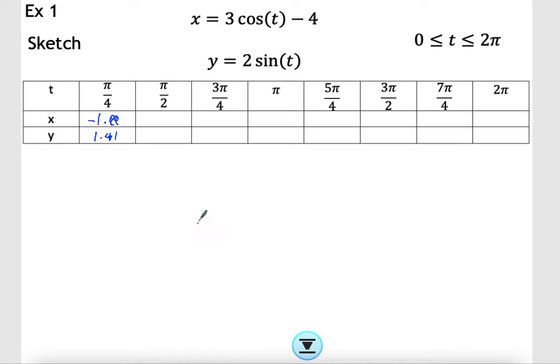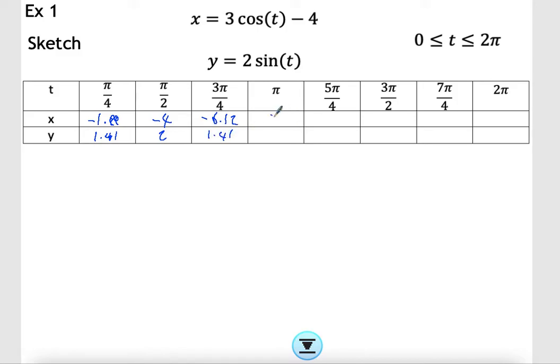When we sketch it, obviously it's a sketch, so it's going to be approximate, whereabouts is 1.41, for example. Pi over 2, negative 4 and 2. 3 pi over 4, negative 6.12 and 1.41.